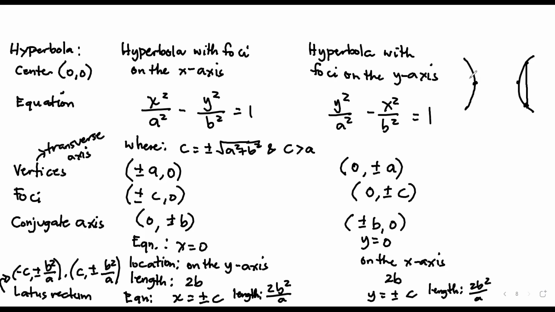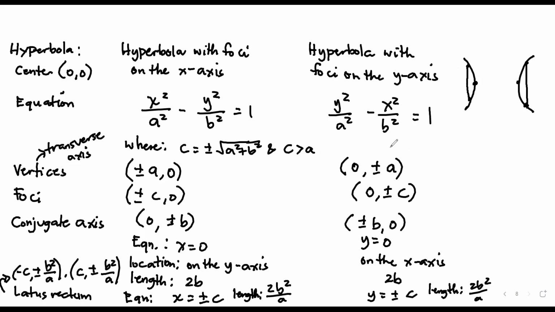This is the vertex, itong dalawang endpoints. Kaya meron tayong apat. 'Di ba? Negative c, positive b squared over a, negative c, negative b squared over a. So, dalawa yon. Tapos meron pang dalawa din dito. Yan ang pagkukunikin nyo, di ba? Yan yung endpoints, itong dalawang to, ng lattice rectum.